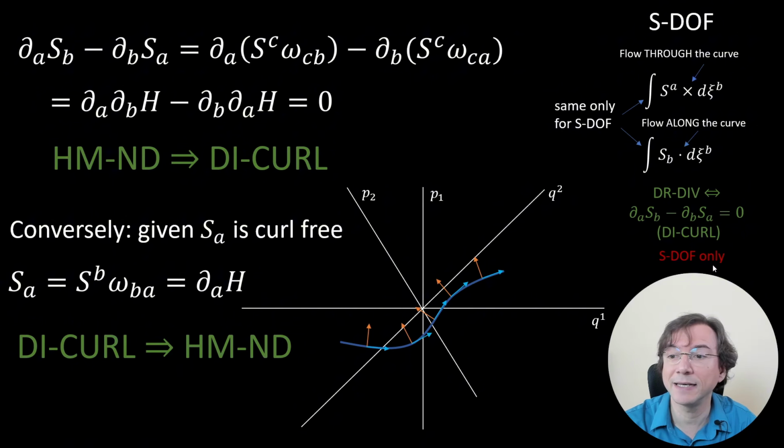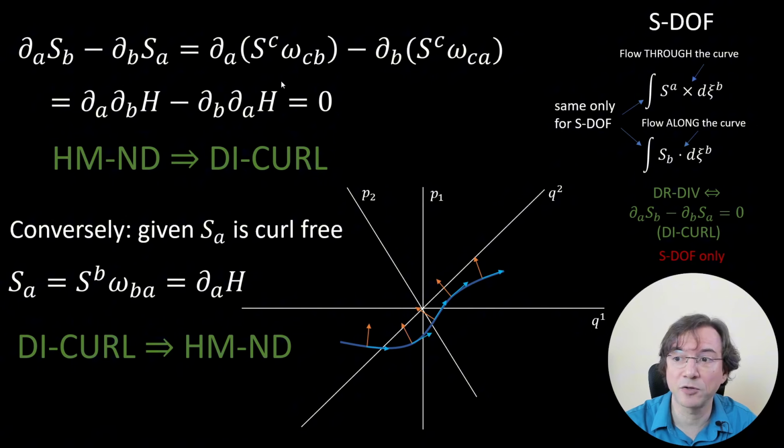But let's go and see what happens to the curl of the rotated displacement field. If you remember, we denote the rotated displacement field with a lower index, and this is equal to the upper index multiplied by this rotation matrix omega.